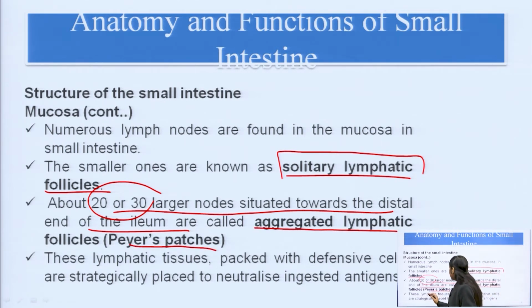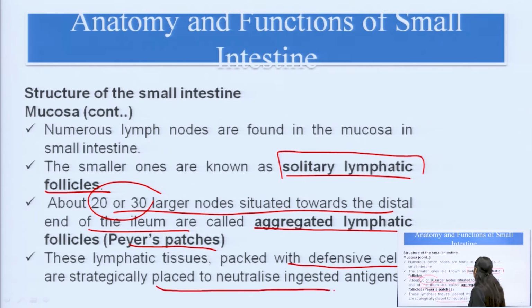Now, this lymphatic tissue packed with defensive cells is strategically placed to neutralize ingested antigens, whatever foreign antigens we are taking from the outside. These antigens are neutralized, killed by these lymphatic follicles, either small or large.